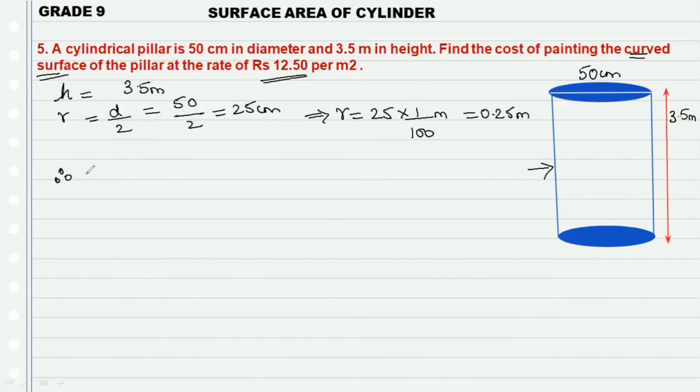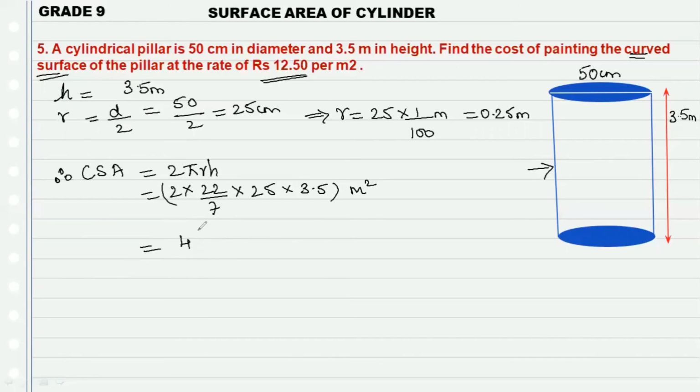Now, therefore, we have to find the curved surface area, which is equal to 2 pi rh. That is 2 into 22 by 7 into r, which is 25, into h, your height, which is 3.5 meter. Okay, solving this further, we'll get 2 22s are 44.